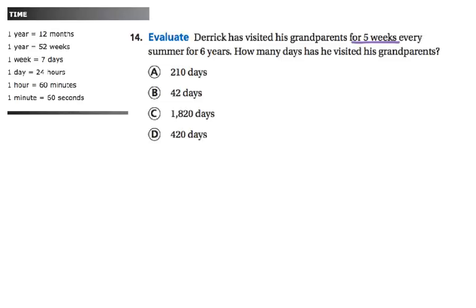They told us weeks, years, and all of our answers are in days because they're asking about days. We really have to get our mind around this problem. Let's first figure out how many weeks he has visited his grandparents. Let's just focus on the weeks and the years.